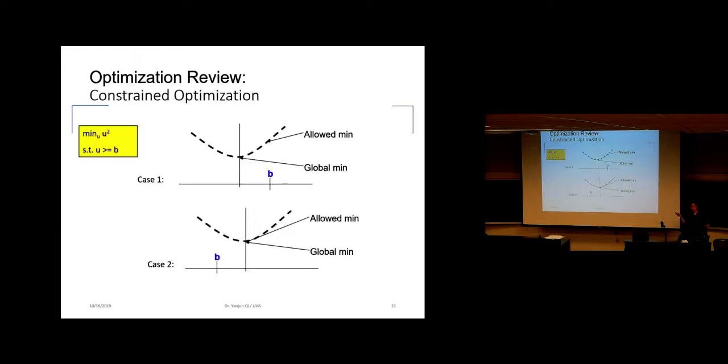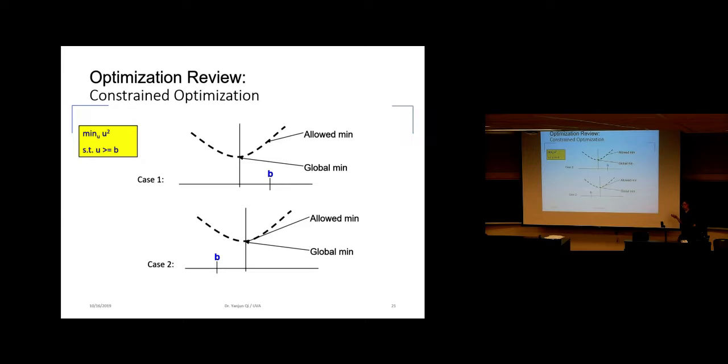This is a really simple case to show what I mean by constraint optimization. Whenever you see this formulation, there are three elements to clarify. What is my objective function? In this problem, my objective function is u quadratic. What is my variable to optimize the objective function? It's u.